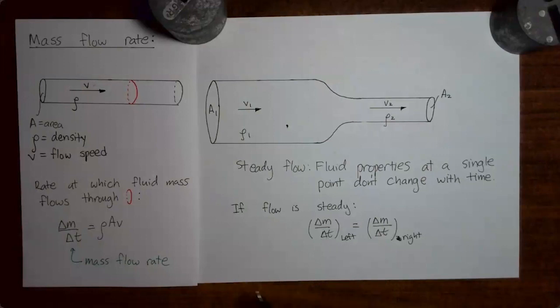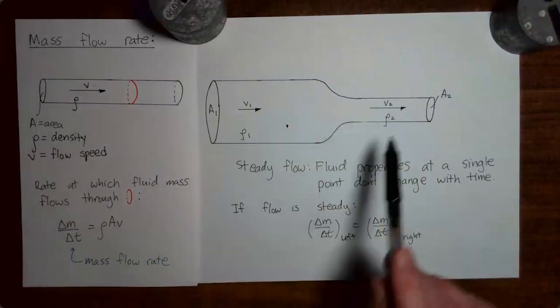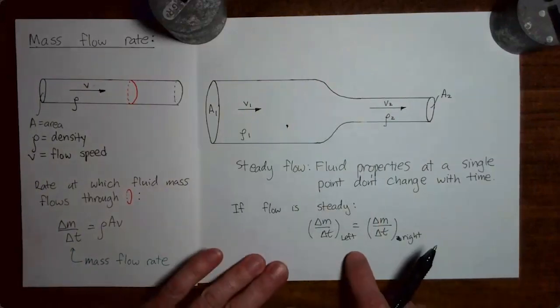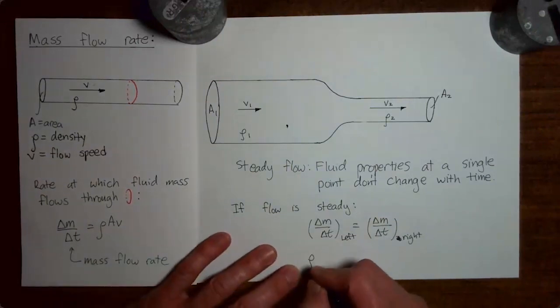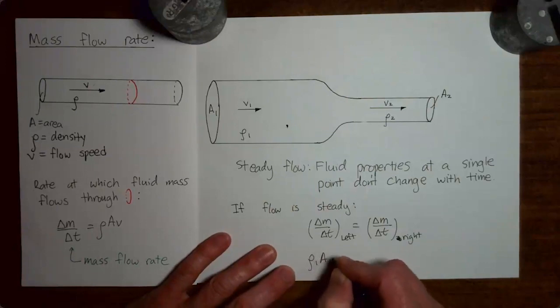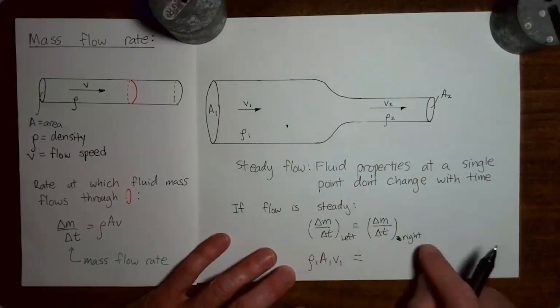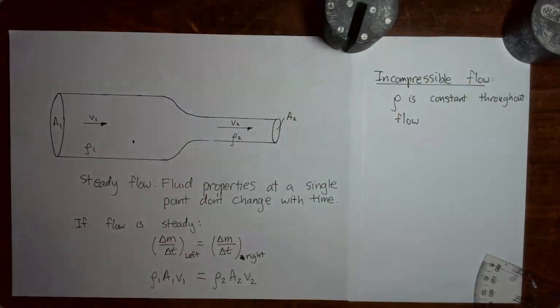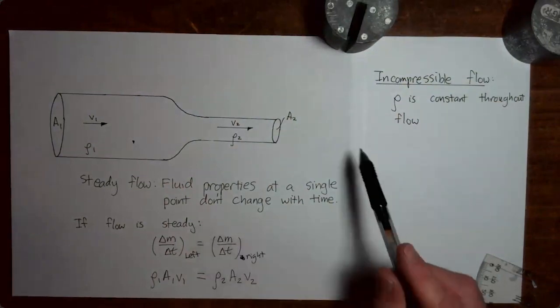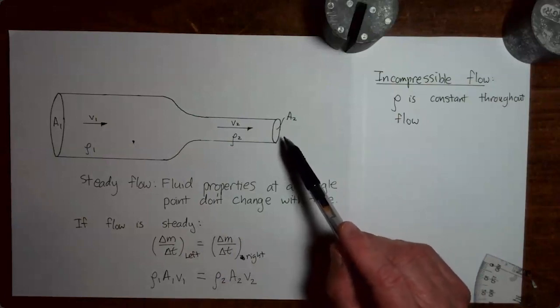So now let's take this equation here and substitute in the values of density, area, and flow speed on the two sides of the flow. On the left side, we have density 1, area 1, flow speed 1. And on the right side, we have density 2, area 2, flow speed 2. Now, in addition to the assumption of steady flow, we're going to assume that the flow is incompressible.